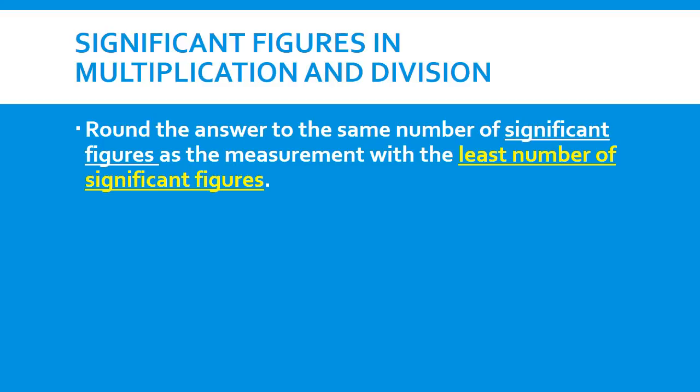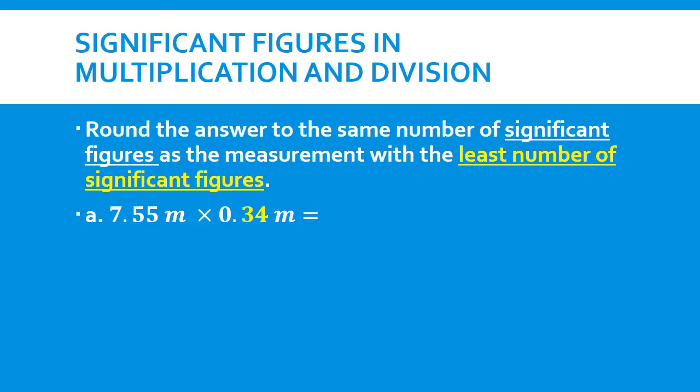If we look at multiplication and division of significant figures, we're going to round the answer to the same number of significant figures as the measurement with the least number of significant figures. So in this case, we're looking for the least number of significant figures in the numbers we're using, and then our answer cannot have more than that.